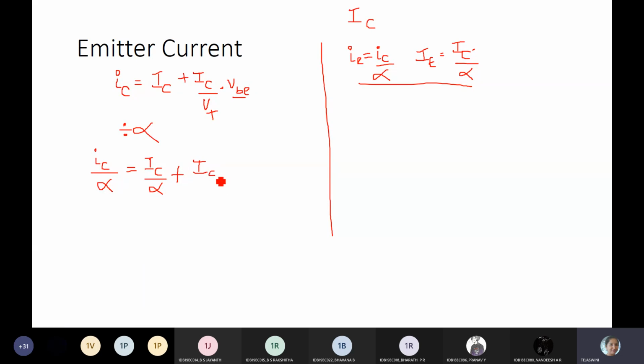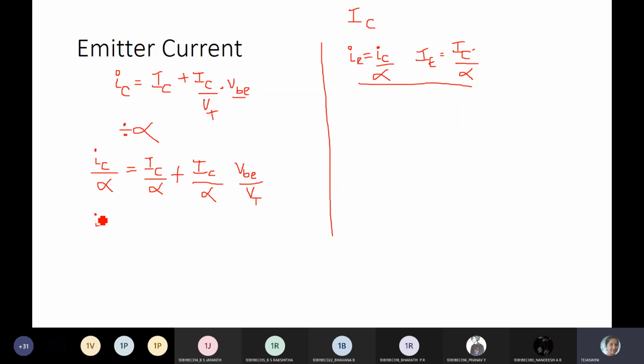So IC by alpha, vBE by VT. Okay. So now iC by alpha is iE. Tell me what the suffix is.